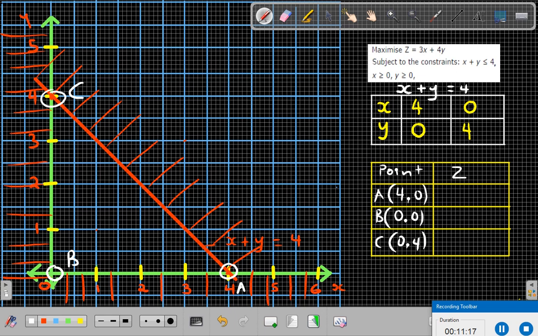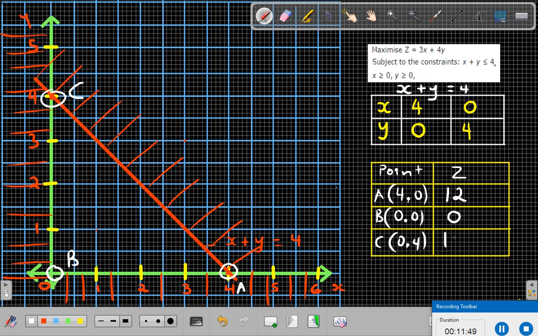So 3x, that is 12, plus 4y, but y is 0, meaning we shall be having 12. Now 0, 0, that means 3 times 0 plus 4 times 0, 0 plus 0, we get 0. When you come to 0, 4, x is 0, y is 4. We substitute in our objective function here, we shall get 3 times 0, which is 0, then plus 4y, giving us 16.